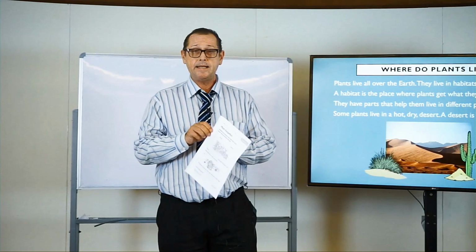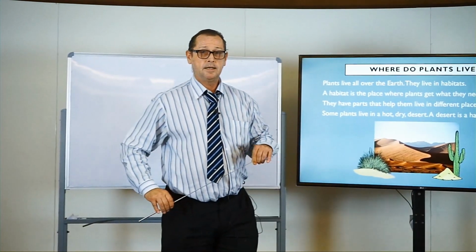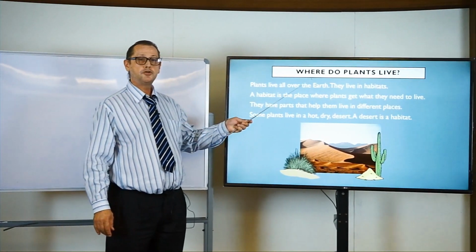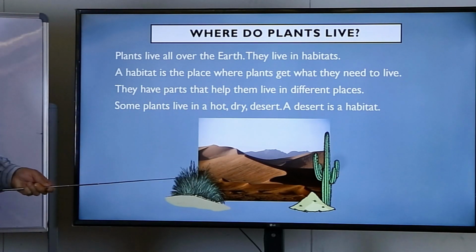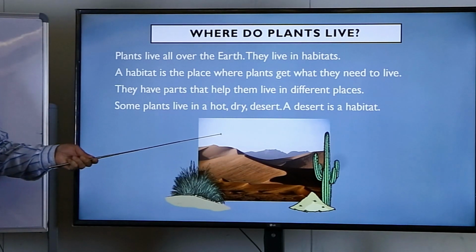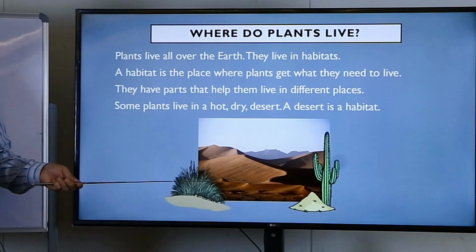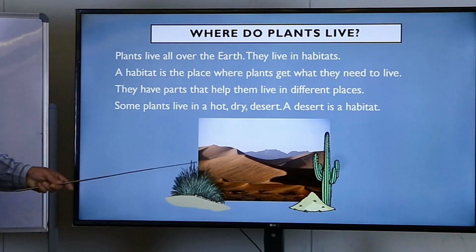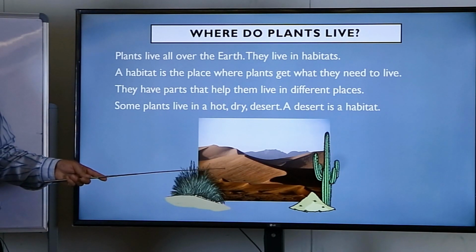Okay, so if we take a look at the television, we have got where do plants live? Okay, if we look here, have you seen a place like this before on TV? Okay, this is called a desert habitat.